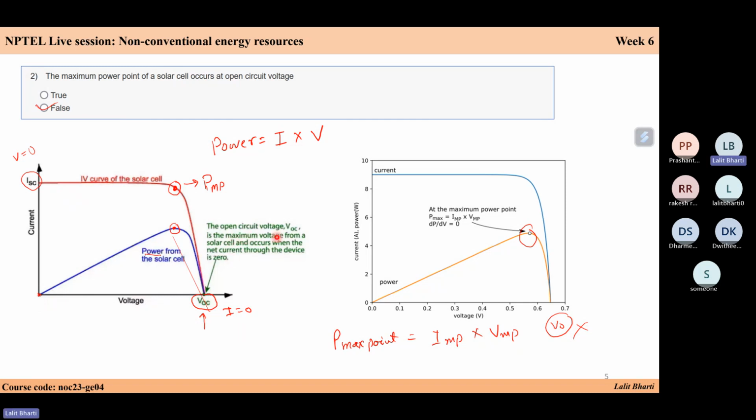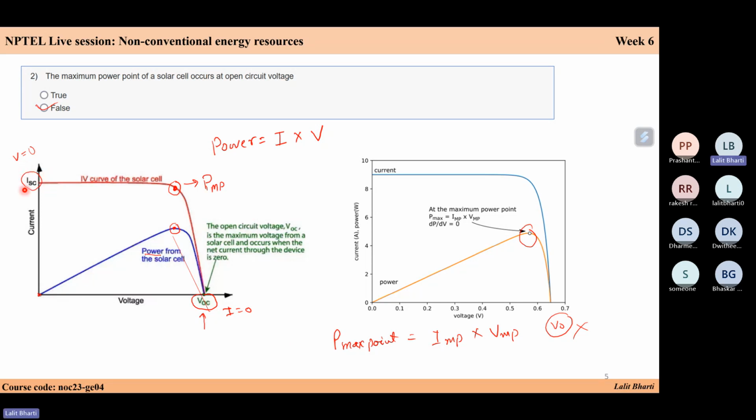So the open circuit voltage VOC is the maximum voltage from a solar cell and occurs when the net current through the device is zero. So this is the condition of open circuit. If you consider a simple circuit that is broken or not connected completely, in that case your highest voltage will be VOC.